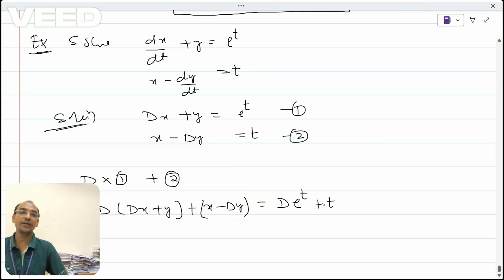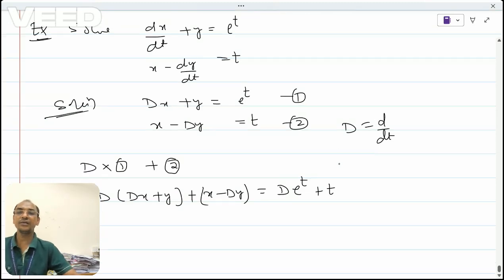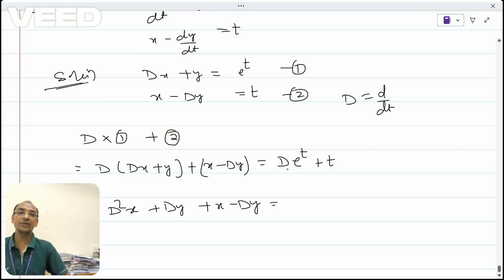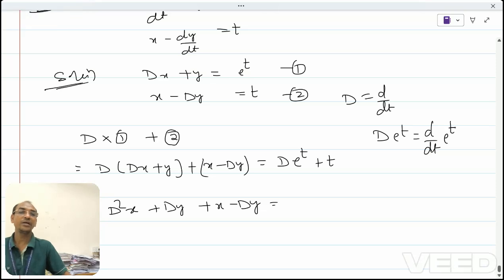Now you see that capital D is nothing but d by dt. So what we will get here? D square of x plus D of y plus x minus Dy is equal to D of e to the power t, which means d by dt of e to the power t.